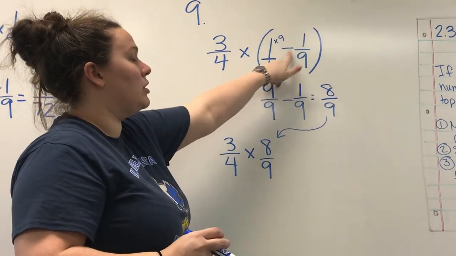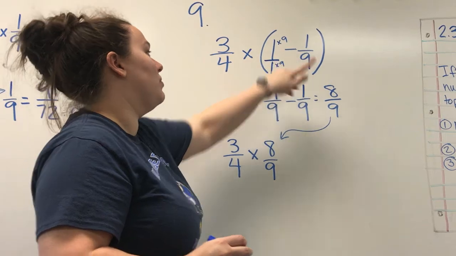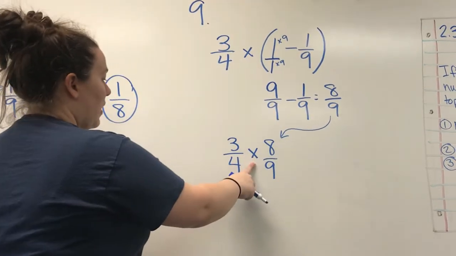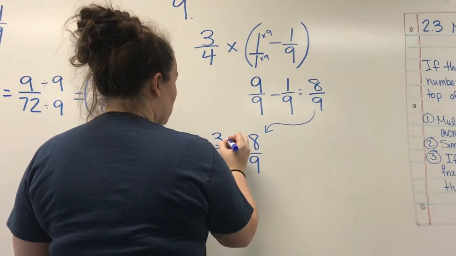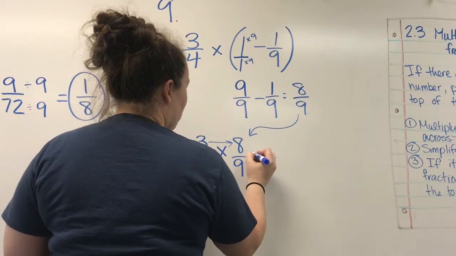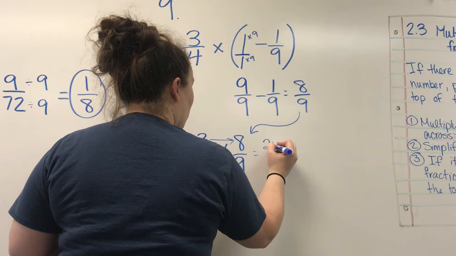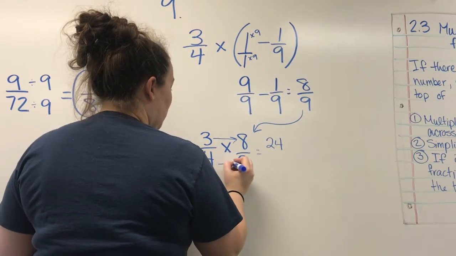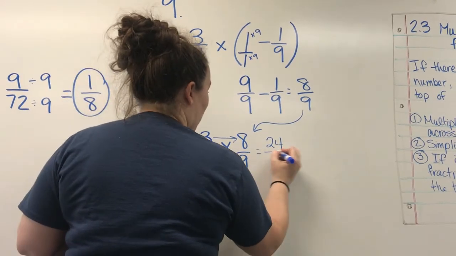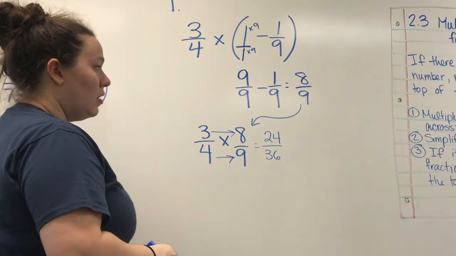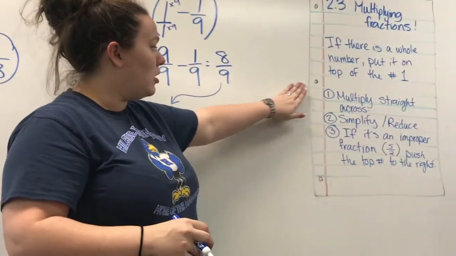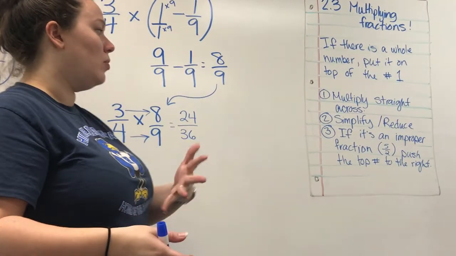But if I'm adding or subtracting fractions, they do have to be the same. So I'm multiplying here, I don't have to change anything. So I can just start following my rules. Multiply straight across, I get 24. Multiply straight across, I get 36. I multiplied straight across, now I have to simplify or reduce.